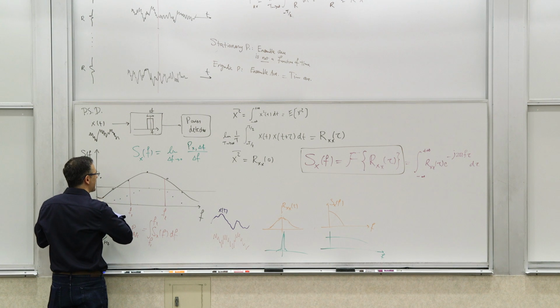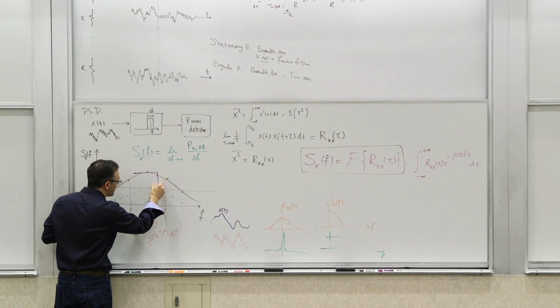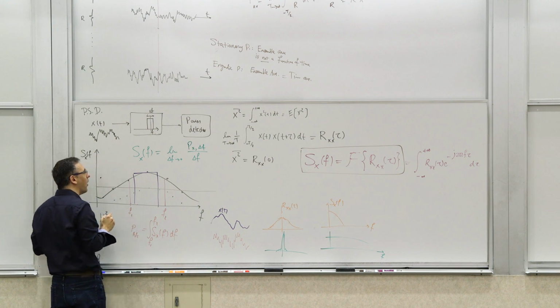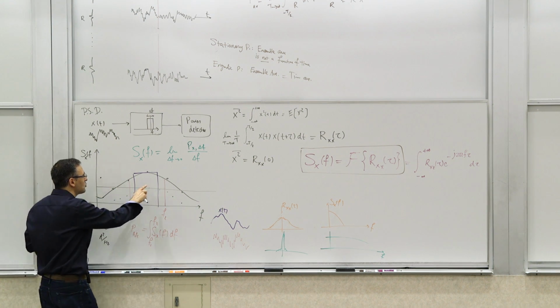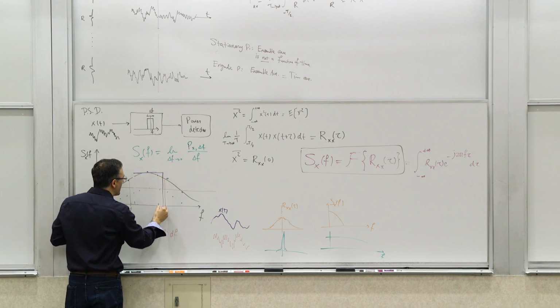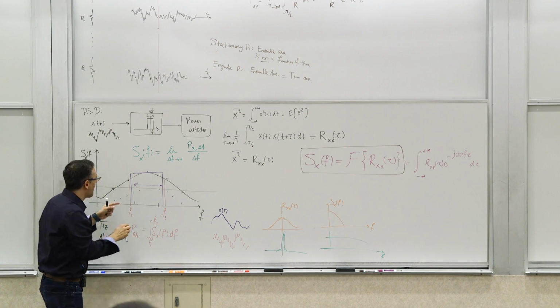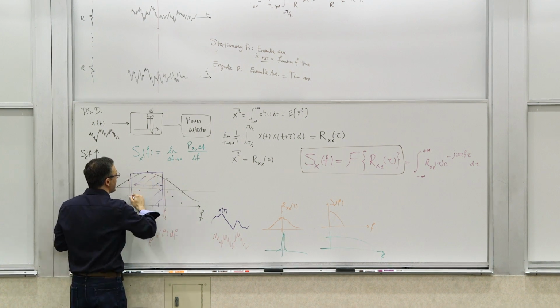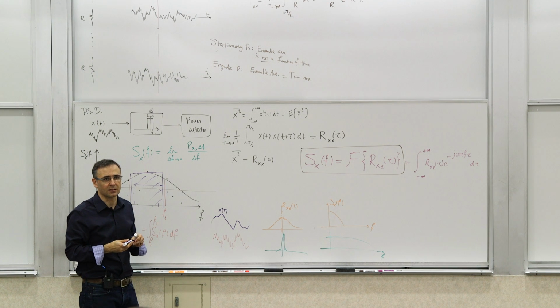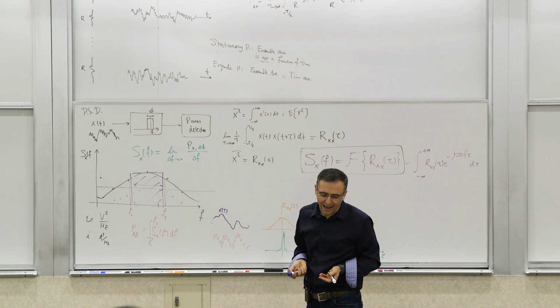But one way is to look at the peak and ask, if I wanted some sort of brick wall equivalent of how much noise is under this black curve, what would that look like? You may say, if I have a bandwidth of this much, the area under this is going to be the same as the area under the black curve. We define that as the equivalent noise bandwidth.